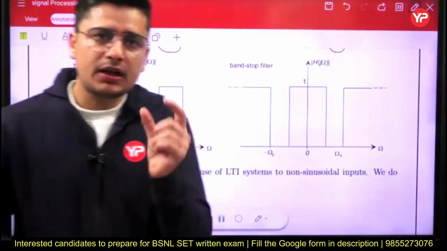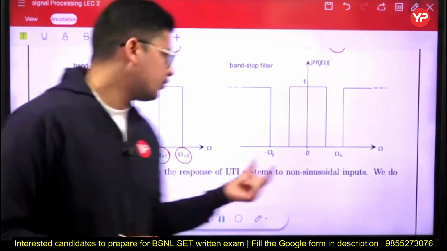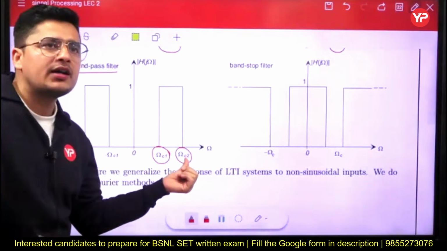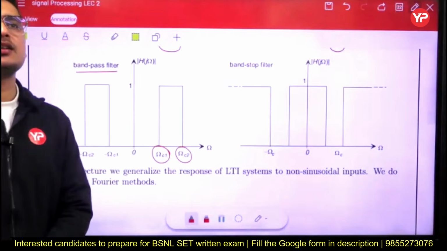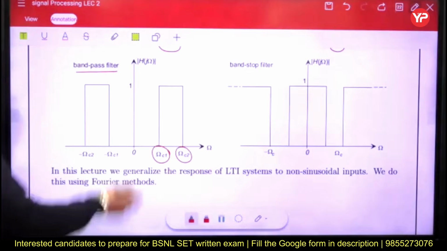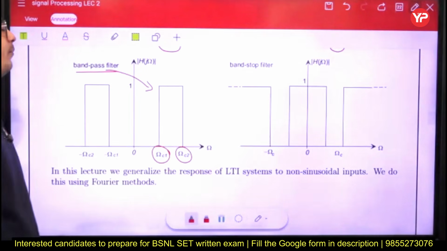It will pass from omega C1 to omega C2, but it will reject all other frequencies. So this is a band pass filter, right?